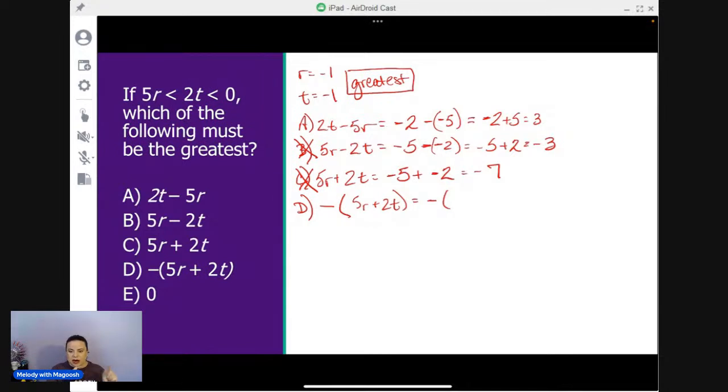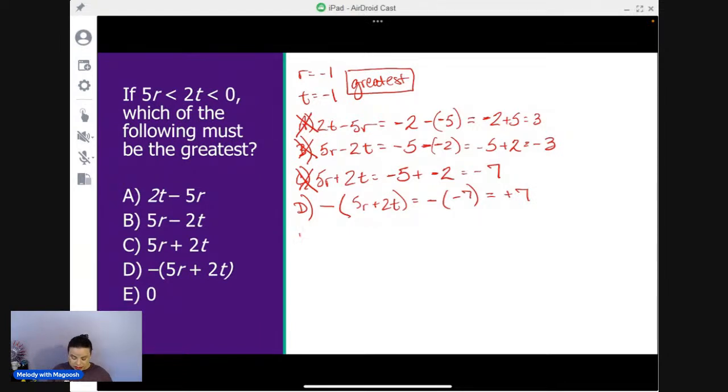C says 5r plus 2t, and we already figured out that C equals negative 7. So negative of 5r plus 2t equals negative of negative 7, and a negative of a negative is a positive. This equals positive 7. How does that compare with the other answer choices? This one is the biggest so far. It's bigger than A. So now we can eliminate A.